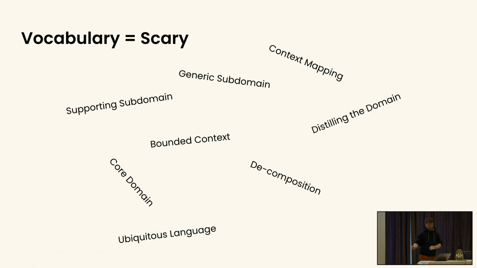But when we look into the vocabulary, when we open the books, the literature around it, then we see all of these names, like context mapping, generic and supporting subdomains, bounded context again, what is distilling? And this is scary to some people who are first introduced to these parts.